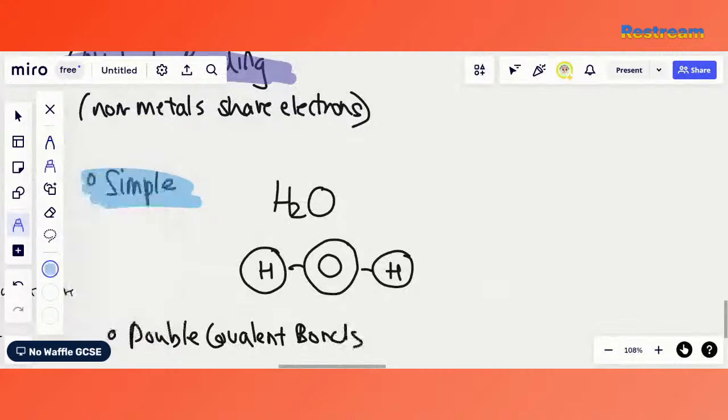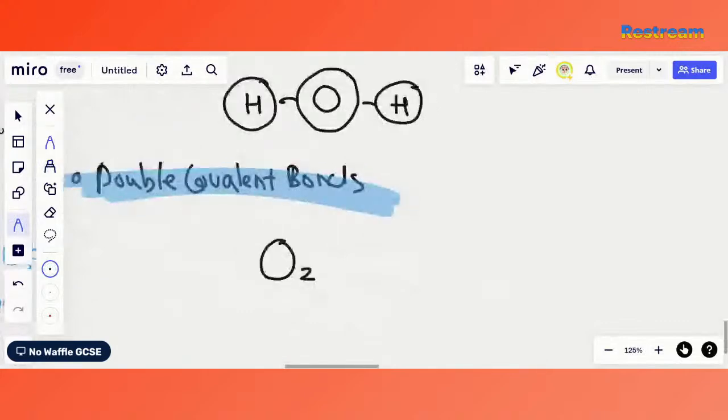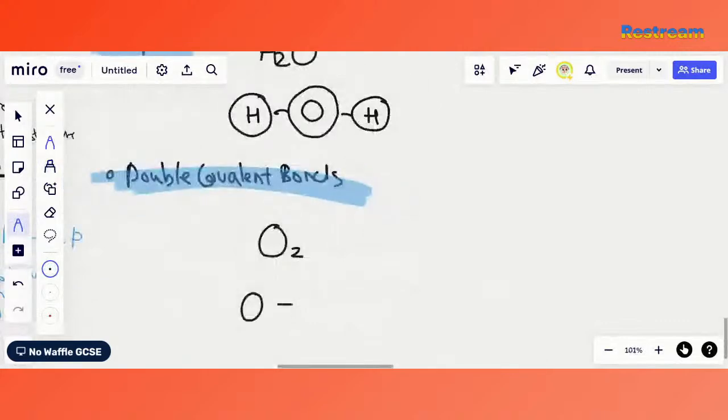Now, what are double covalent bonds and where do we see them? So double covalent bonds are, for example, in oxygen. Because oxygen is in group 6, it needs 2 electrons to form a full outer shell.